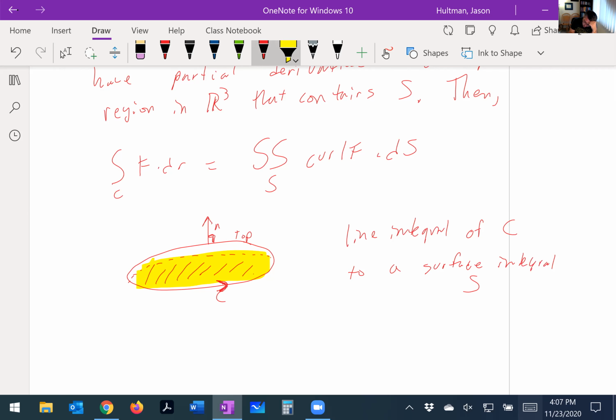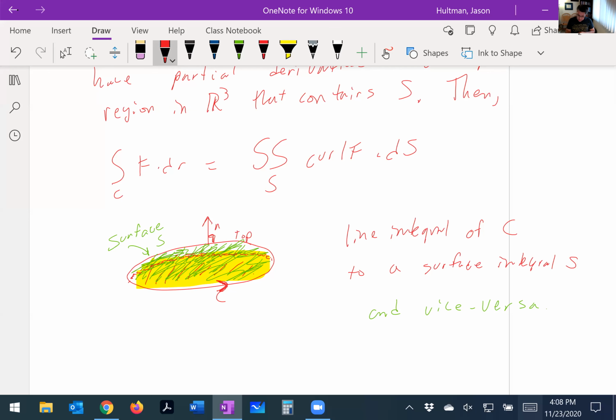And then the rest of it would be my surface S. So this curve C is the boundary for my surface S. We can go from a line integral of C to a surface integral of S, and vice versa. We can go back and forth between line integrals and surface integrals now.